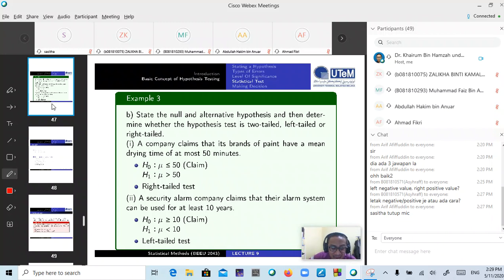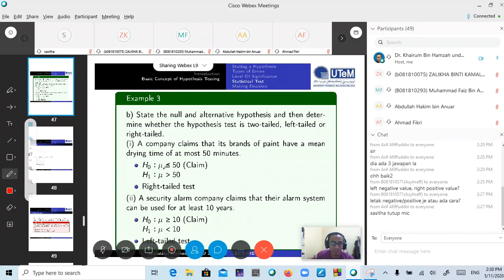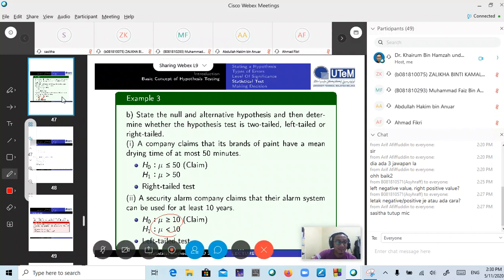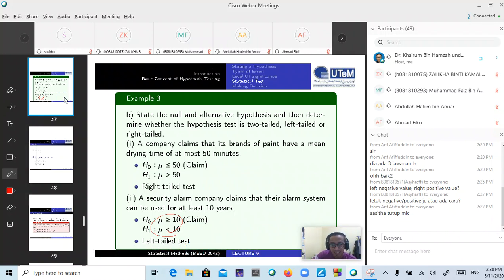Since it has an equal sign, your claim is at H0, and then H1 becomes mu less than 10. Since mu less than 10 is at H1, it becomes a left tail test. Understand how to identify a left tail test and how to identify H0 and H1.